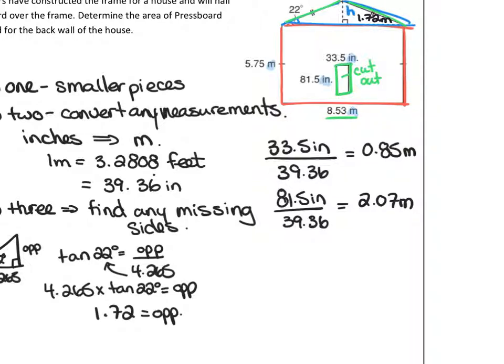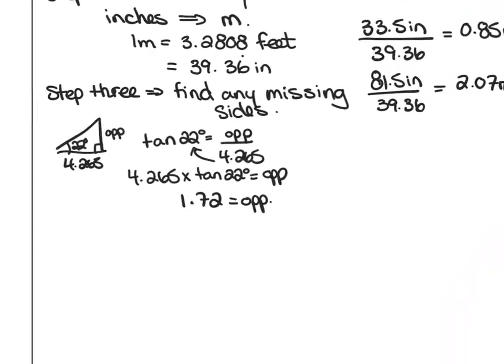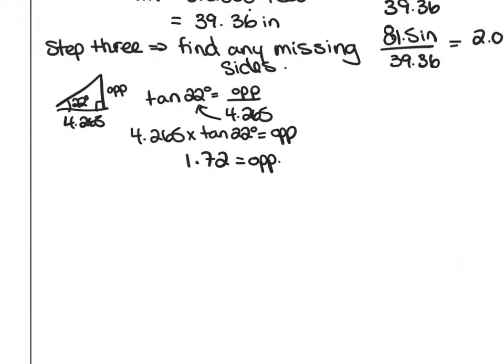All right, so I think we've got everything. We've done our conversions. We have our missing side that we needed. And now we're just going to calculate our pieces. I'm going to start with the big rectangle, and that I did in red. So our rectangle is just length times width.